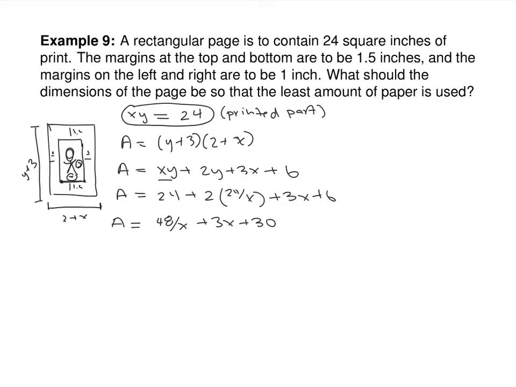So now can you take the derivative of this and do all the stuff you gotta do? What's A prime going to be? Great, plus 3. Set that equal to 0.